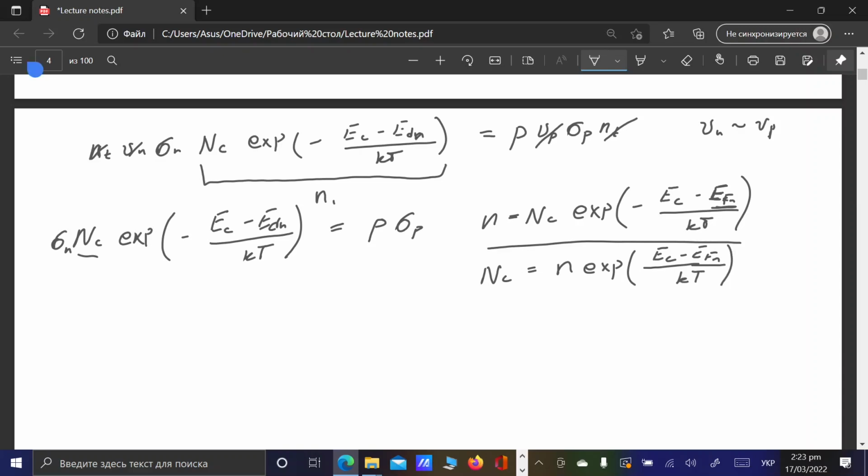And then we substitute this Nc in our previous equation.